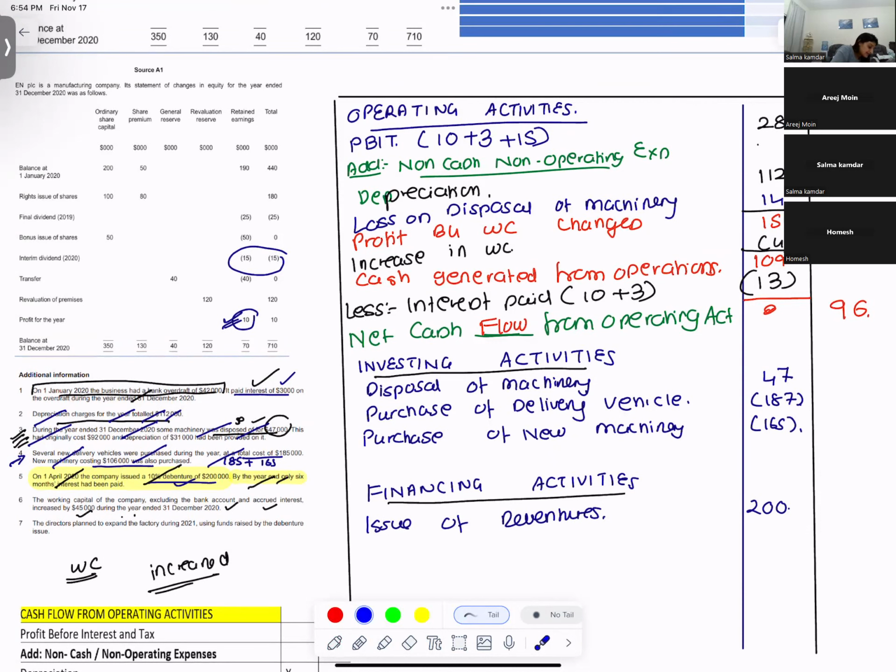Is there any issue of shares? Yes, there is. Rights issue. How much money have you got from this rights issue? 180.